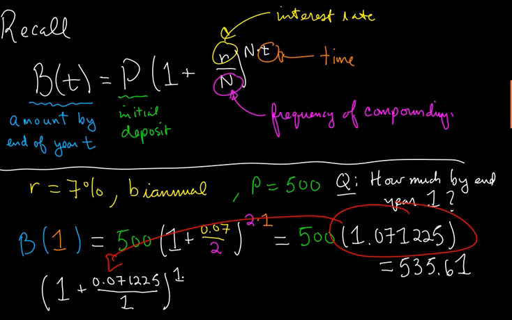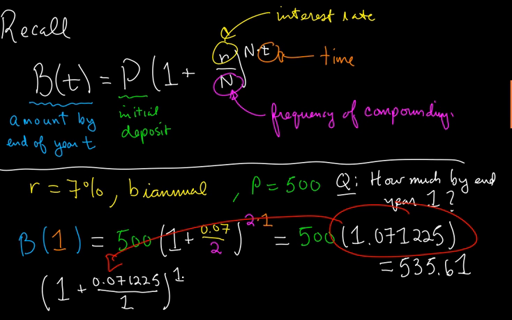Now look at that, and look at the formula on the top half of the page. Compare those two, and it says that $535.61, you can get it by depositing $500 and compounding at the interest rate 7.1225% and compound it just once.